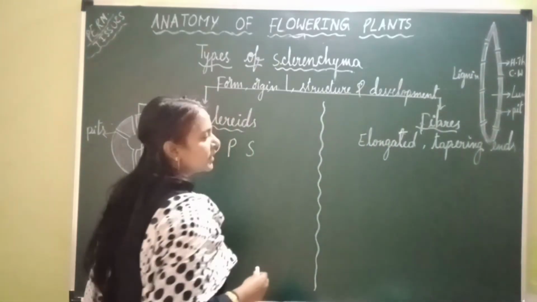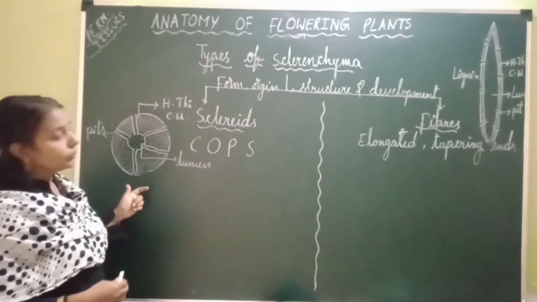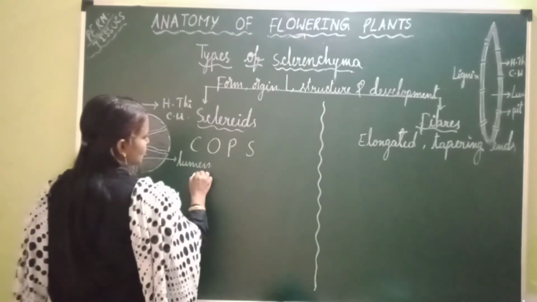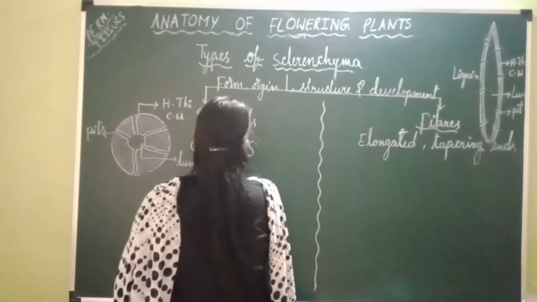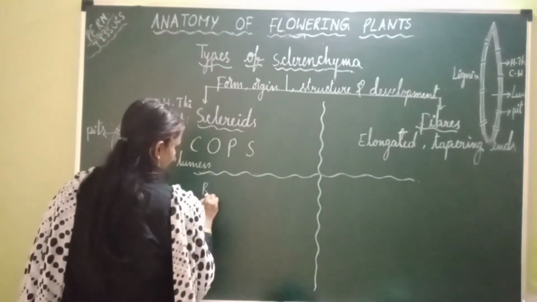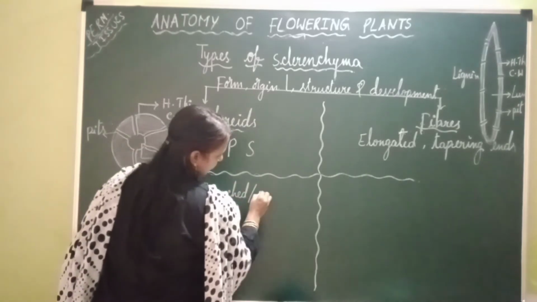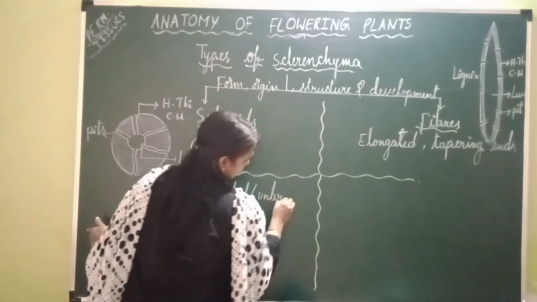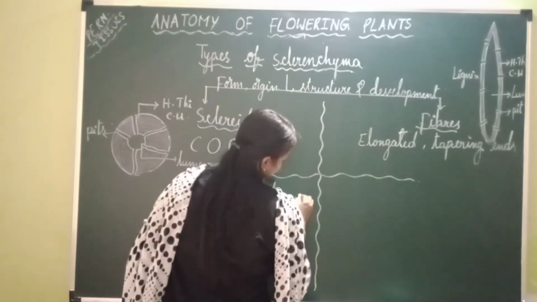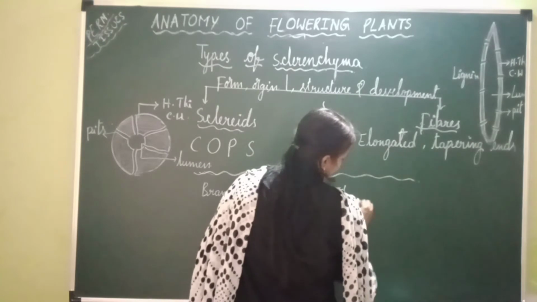Now what is the function of sclerids? Let's study the function at last. Sclerids can be branched or unbranched, whereas fibers are always unbranched.